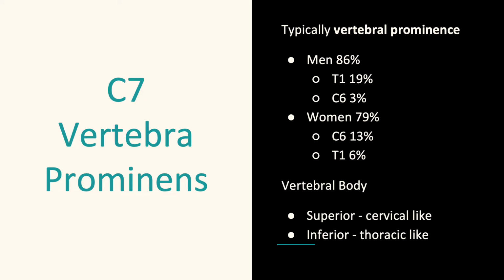That's why I have listed women instead of females, because it's women above men. All right, we're in another transition zone, so know that superiorly you are going to be like a cervical, and inferiorly, remember that's going to be like a thoracic vertebrae.